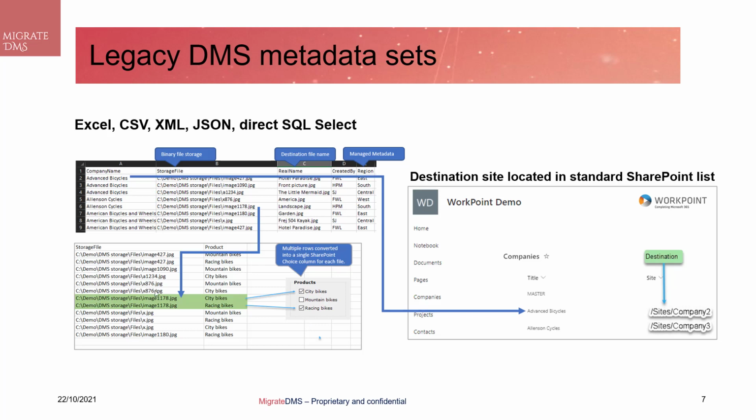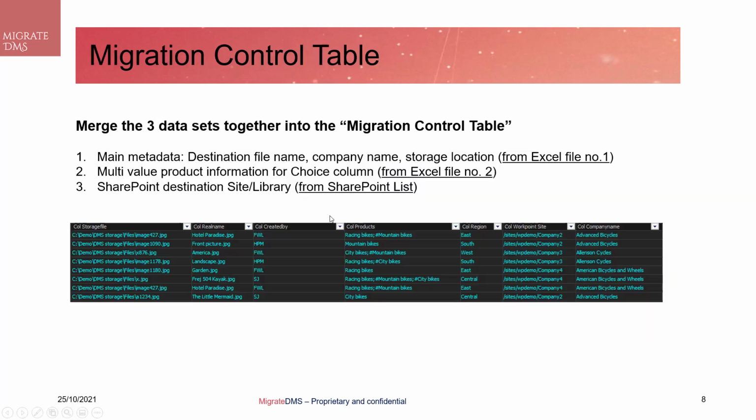So a one-to-many relation converted into a choice column, right? That could also be managed metadata or a multi-value lookup column. Finally, there's a SharePoint list that describes where the files should end up within SharePoint, that is, site and document library. We're going to merge those three datasets together to form the migration control table.